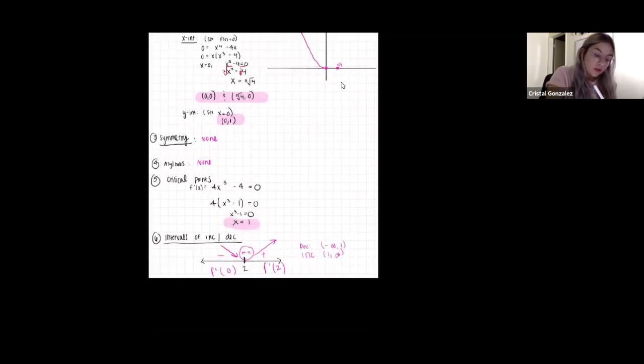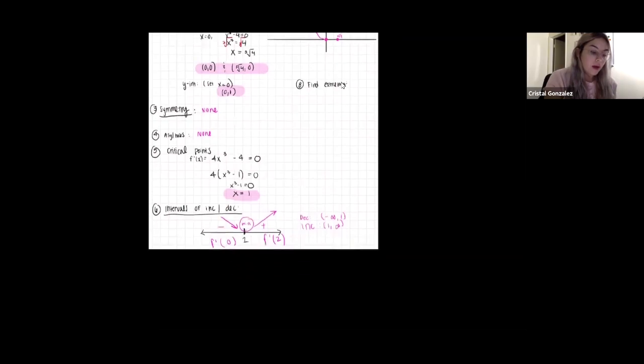And now that we know that our critical number happens at 1, to find our extrema, all we have to do is plug our critical value into our original function.